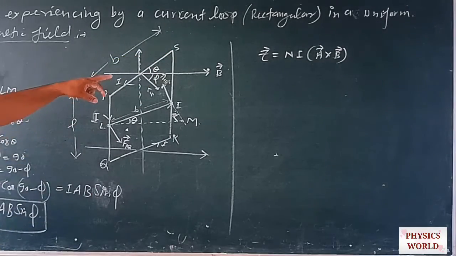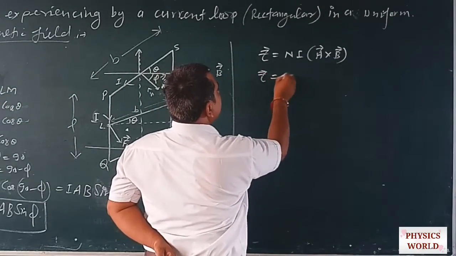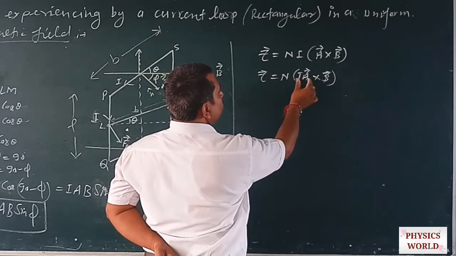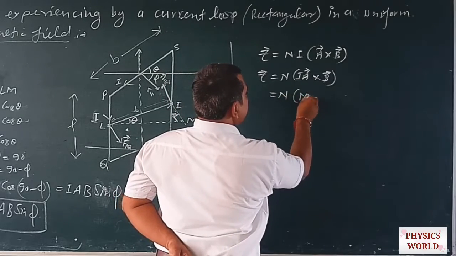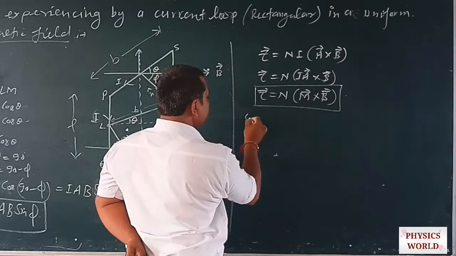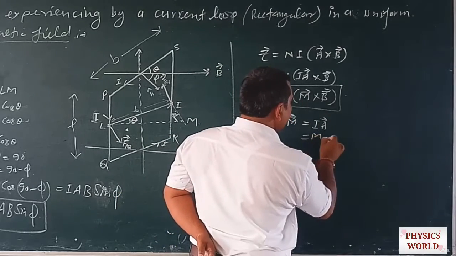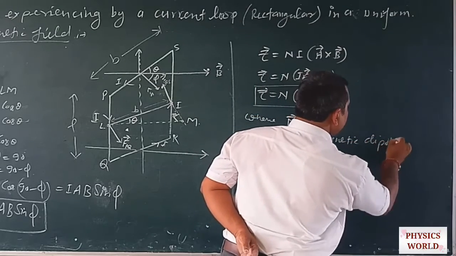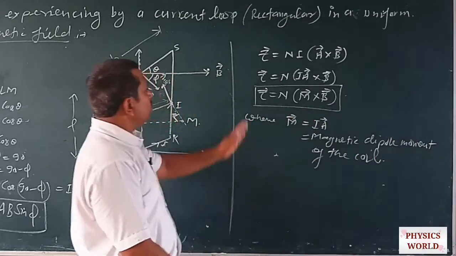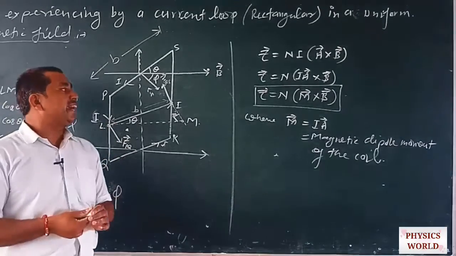If we replace I with A, then we get N I A cross B, and we know that the value of I and A is M, that is the magnetic dipole moment of the coil, where M is I into A. Okay, so this is the vector form of the torque experienced by a coil placed in a uniform magnetic field.